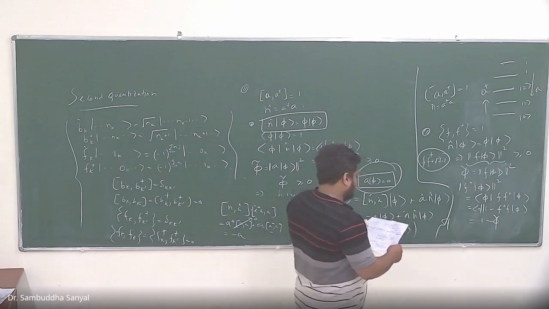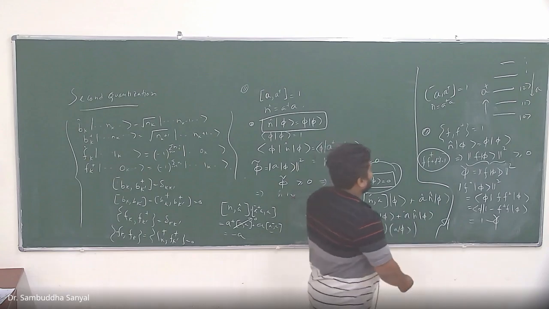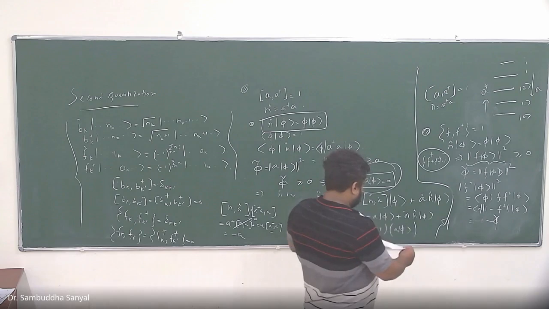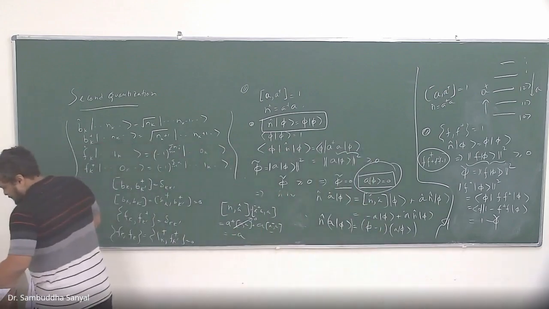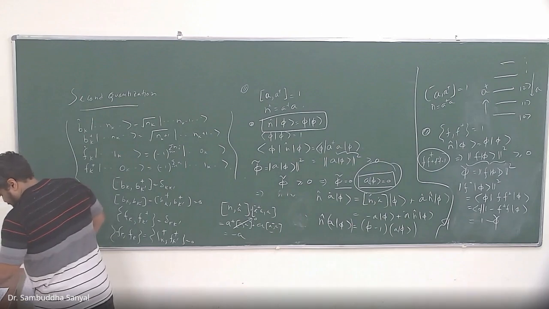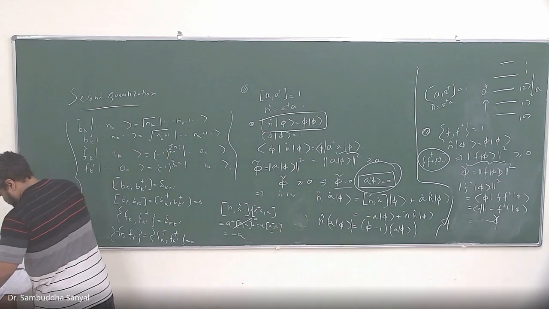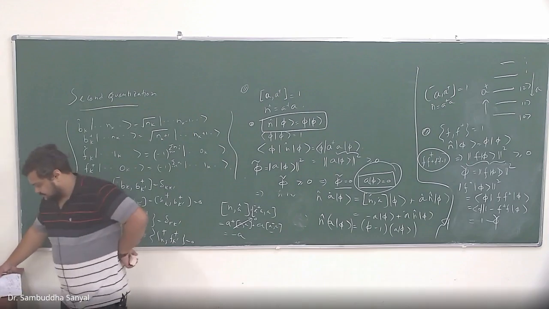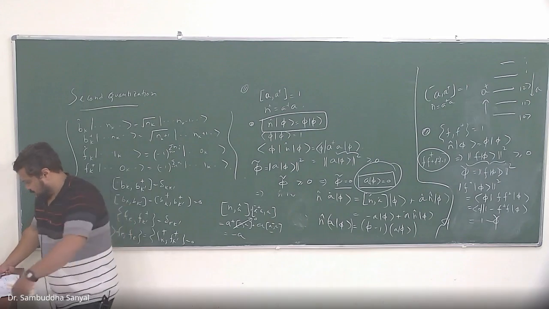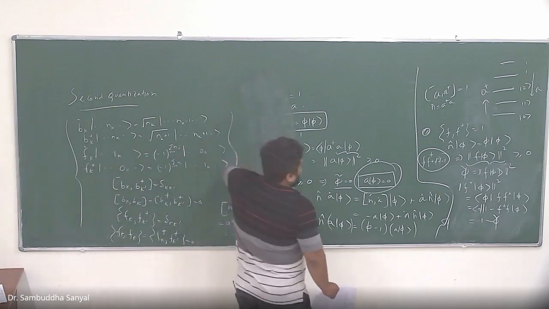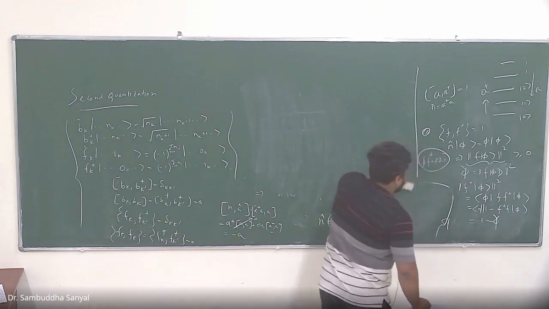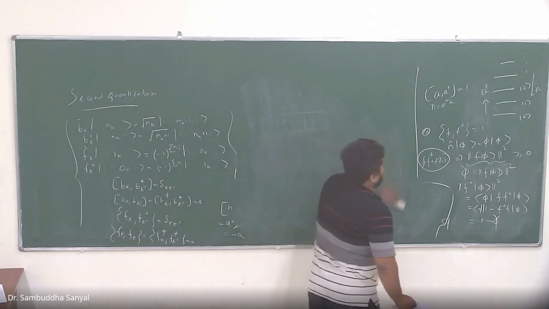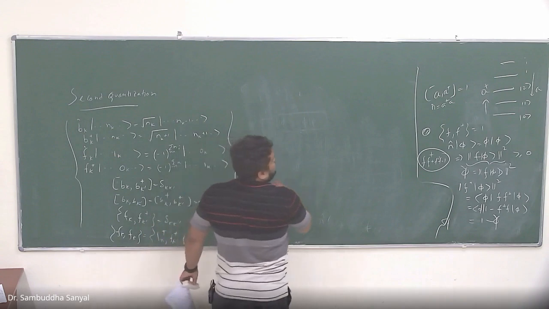Okay. Now I have to prove that this thing is also greater than 0. How do I prove that? Let's not skip steps.